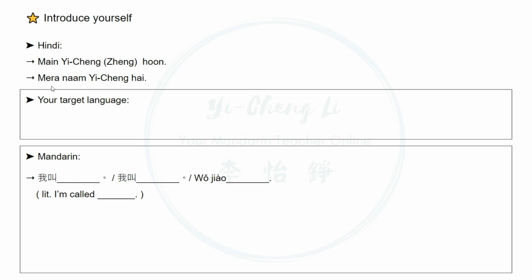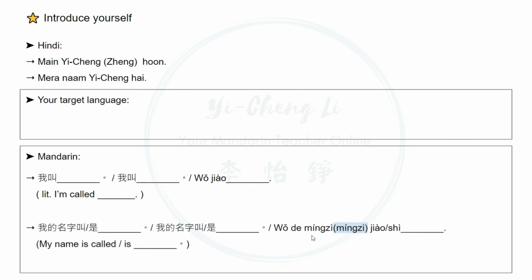Next one, I also am going to teach you how to say my name is da da da, which is 我的名字叫怡珍 or 我的名字是怡珍. Here I have highlighted 名字.